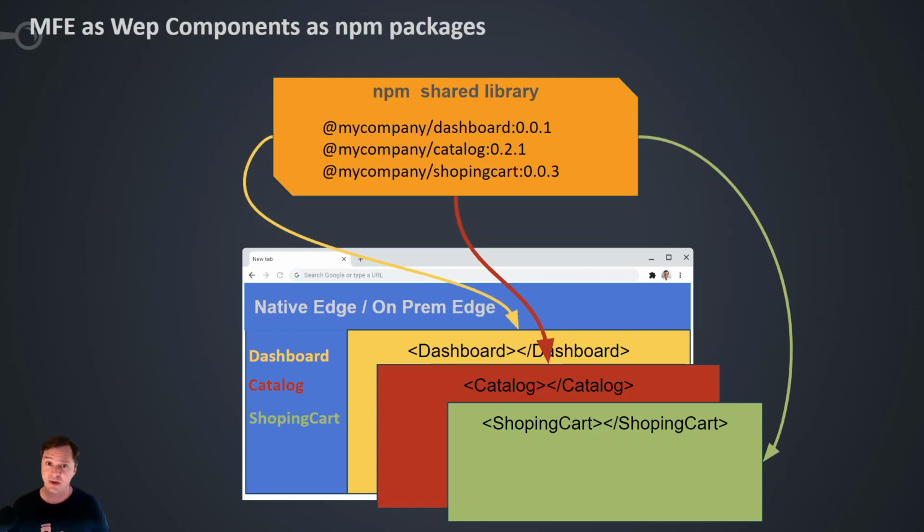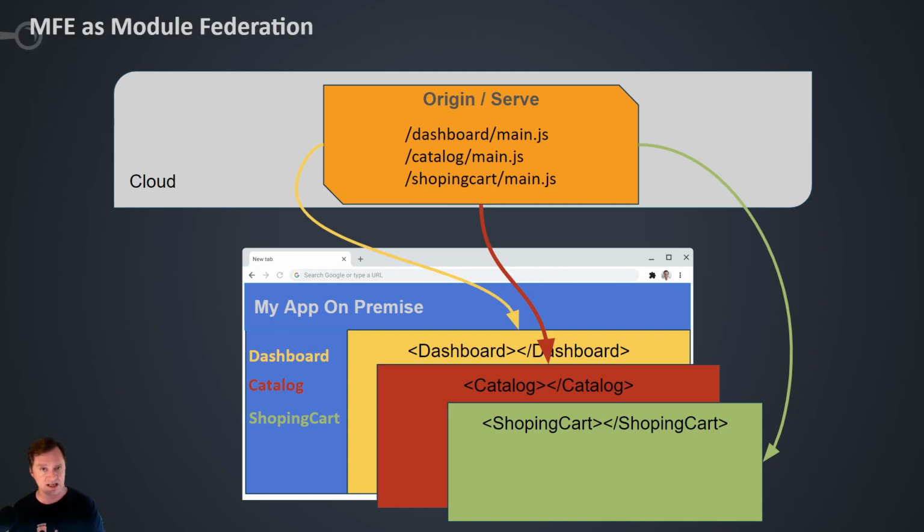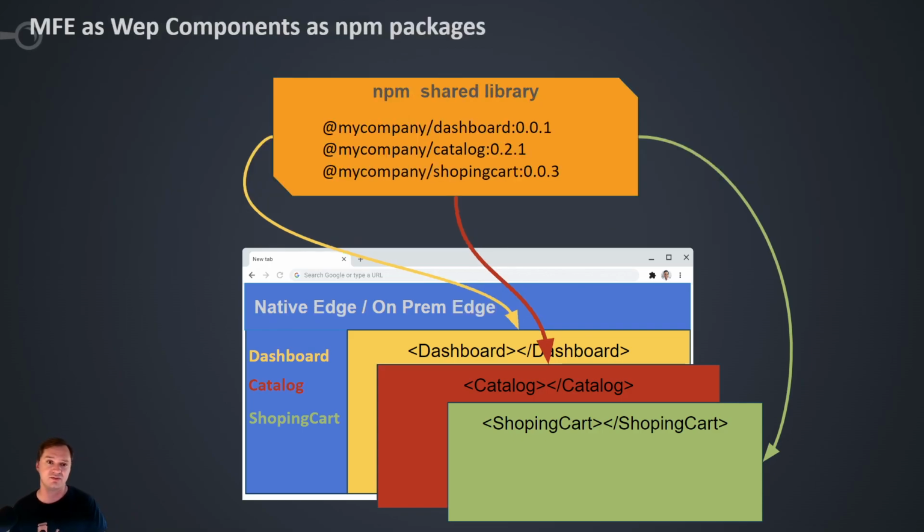Web components as NPM packages. It's absolutely the same as module federation, the same packages exactly, but instead of uploading it somewhere remote, you can pack it as an NPM module and publish it in a public registry or your private registry, and it can be consumed by the host. Just npm install it and show it as a component.